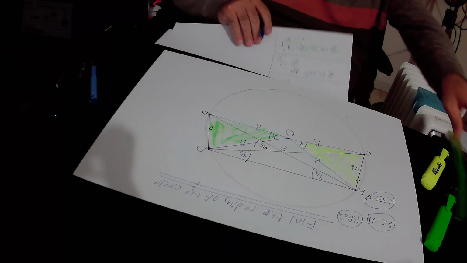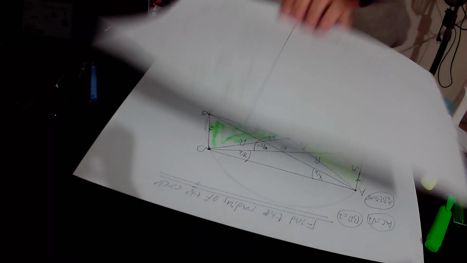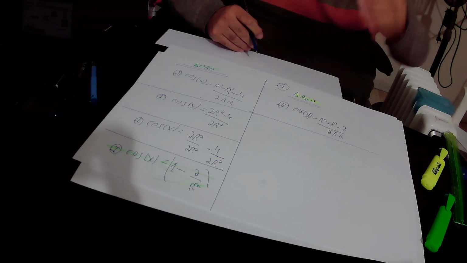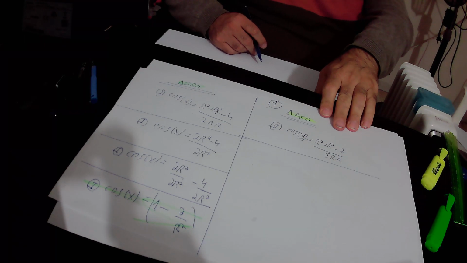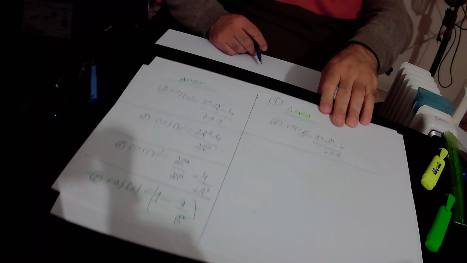So according to the law of cosines, we found out that in the yellow triangle, triangle ACO, cosine y equals r squared plus r squared minus 2 over 2 times r times r.